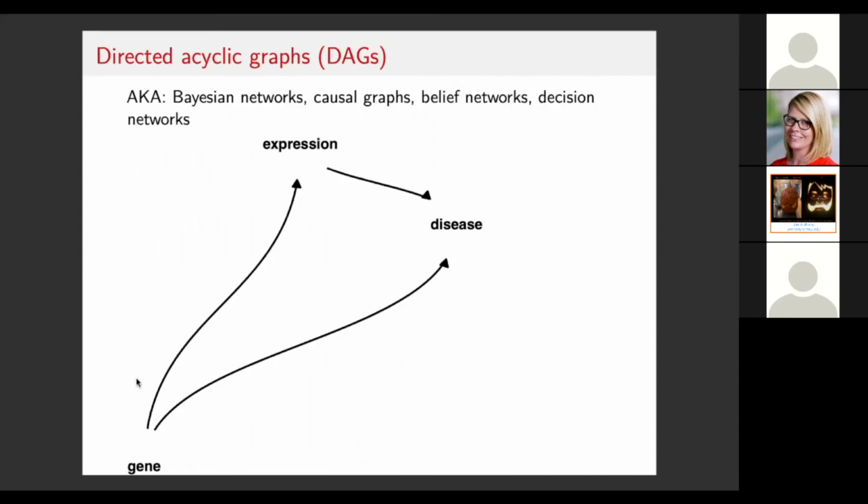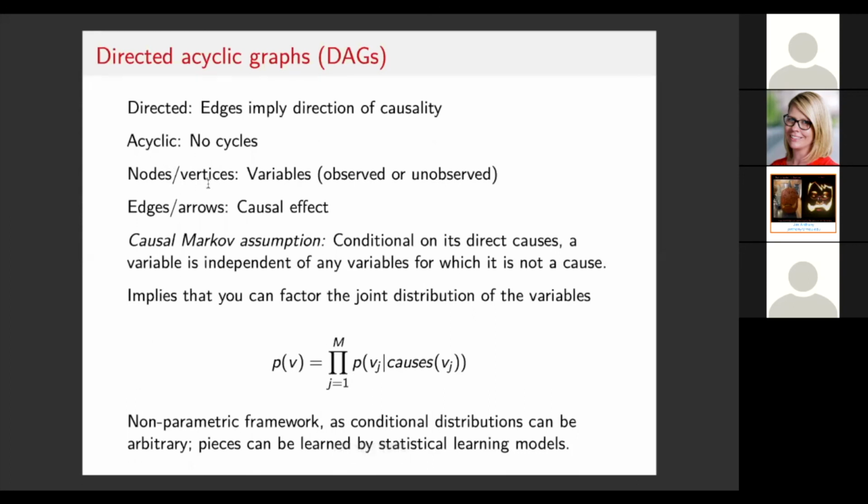The nodes or vertices of the graph are variables, observed or unobserved, and the edges, the arrows, are the causal effects. One assumption that is made in order to make these graphs causal graphs is what's called the causal Markov assumption, which says that conditional on its direct causes, a variable is independent of any variables for which it is not a cause.